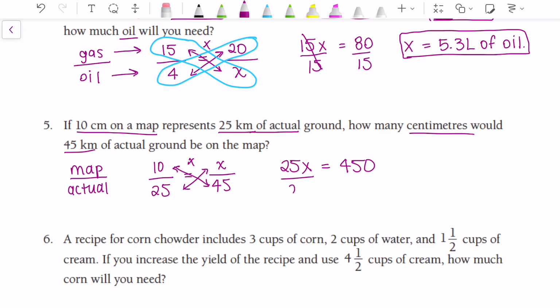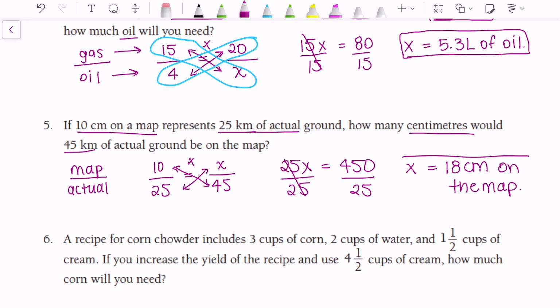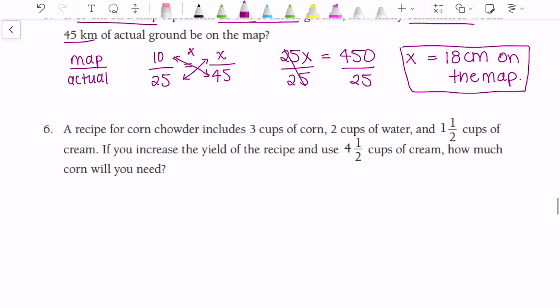Divide by what's in front of the x, both sides. x is then equal to 18 centimeters on the map. Awesome. Next question.